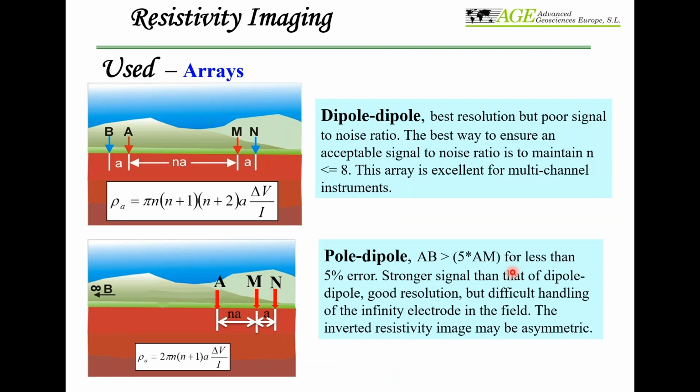Okay, what I said is that typically you use dipole-dipole in marine studies. Dipole is what we suggest to use with our system. In the market, you may see different instruments. I don't know, but most of the other instrument manufacturers don't recommend dipole.